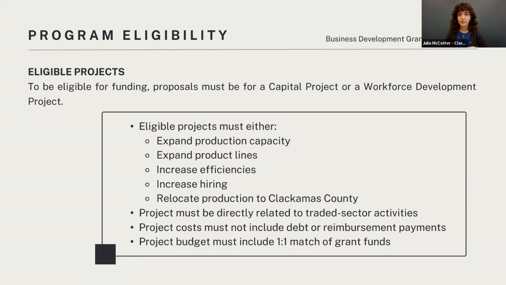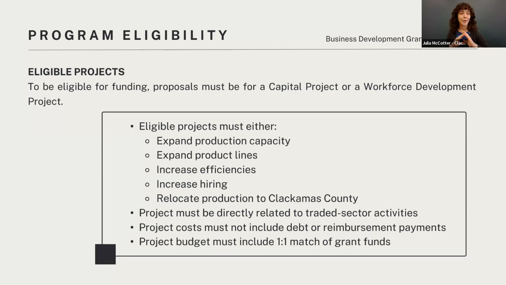This program funds capital and workforce development projects, and we are looking to fund projects that are essentially expanding business, increasing revenues, increasing business activity in the county, hiring or upskilling staff, those types of projects. So your project also must be directly related to traded sector activities.